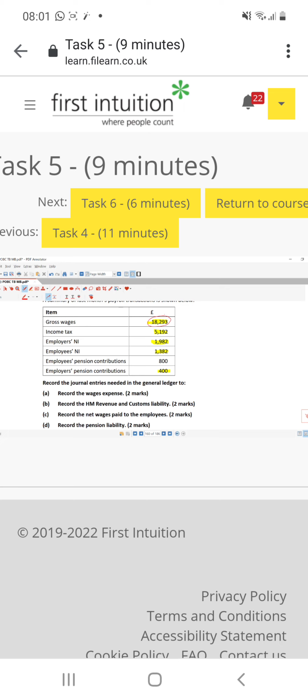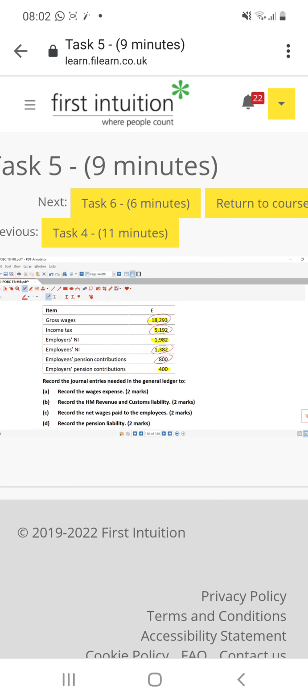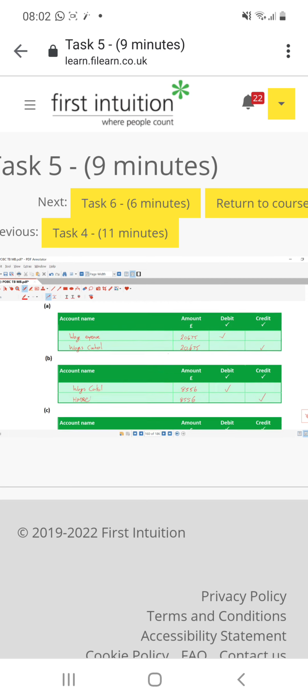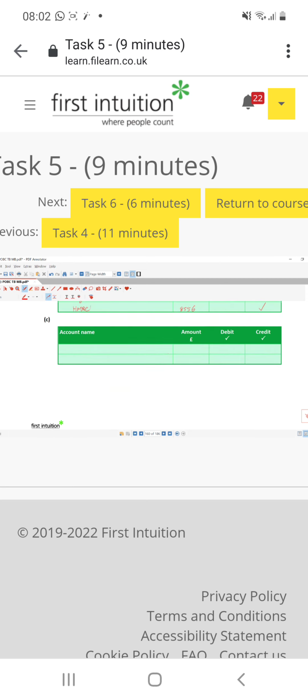The employee will have income tax deducted from their gross wages, as well as employees' national insurance contribution and employees' pension contributions. If we take away income tax, employees' national insurance and employees' pension contributions, the actual amount of money that the employees receive into their bank accounts is 10,919.